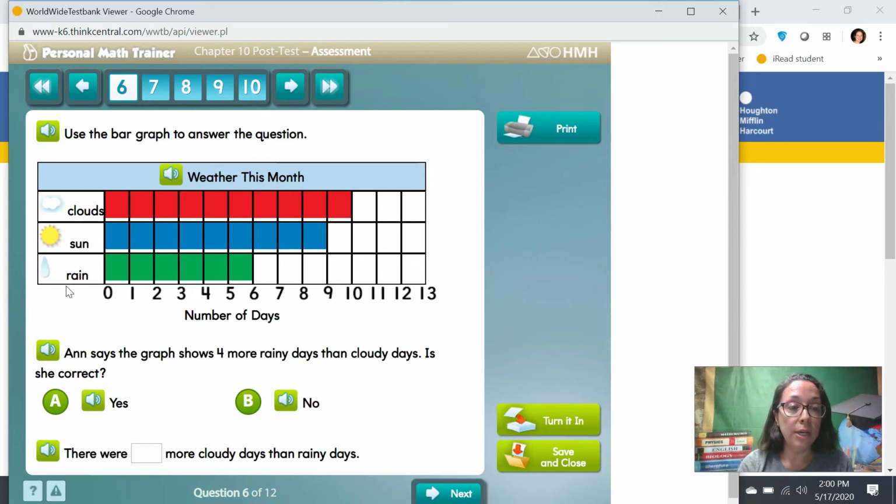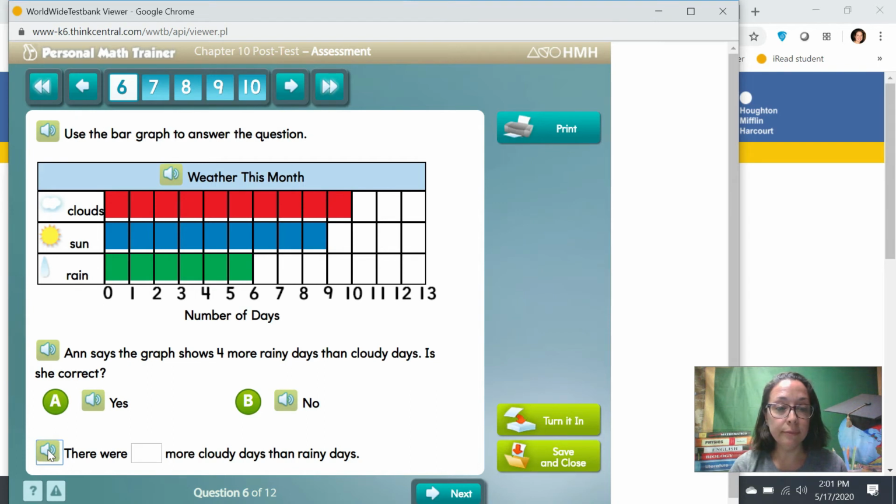Okay, so she's saying that there's 4 more rain days, this is rain, than cloudy days. Dice que hay 4 más aquí que acá. So is she correct? ¿Está bien lo que dice ella? Yes or no. So that's the first part. Esa es la primera parte de la pregunta, pero hay 2 partes. There's 2 parts. Here's the second part.